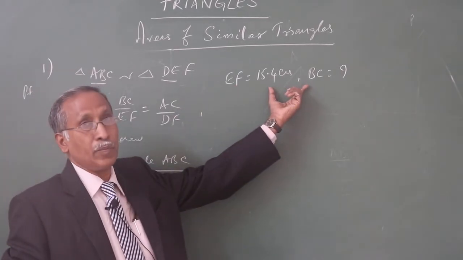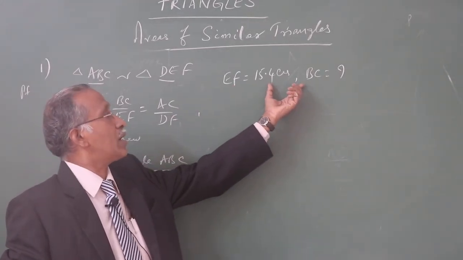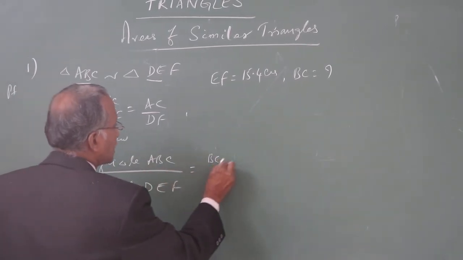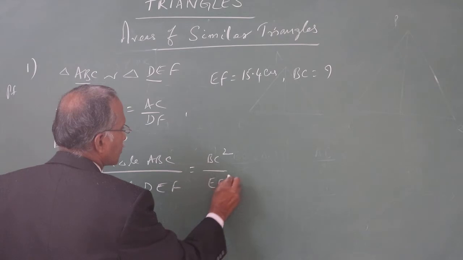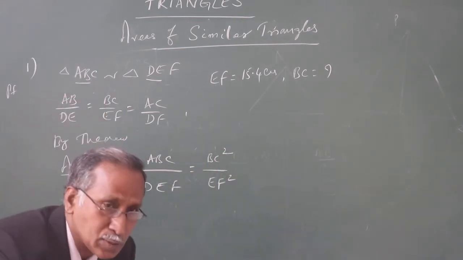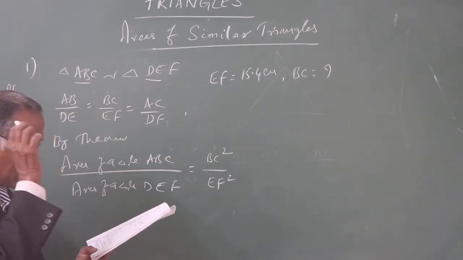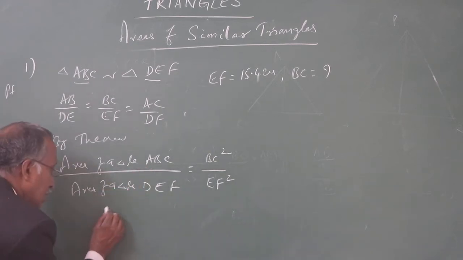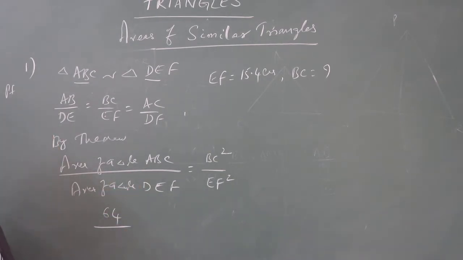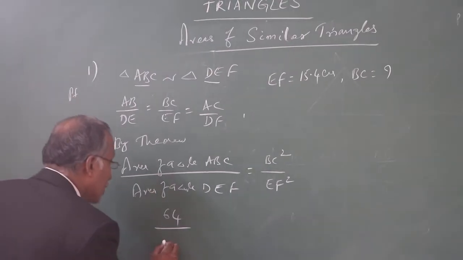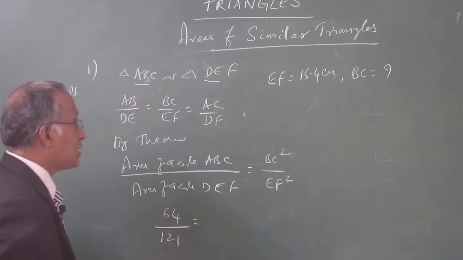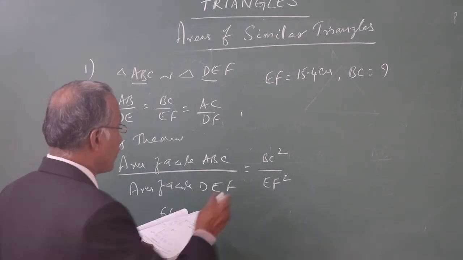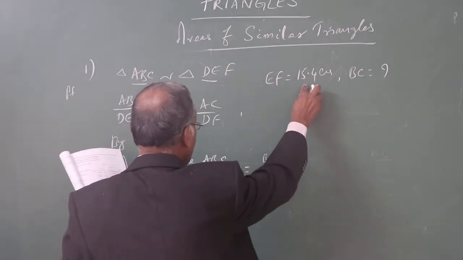Therefore, BC square by EF square. Let us substitute. Area of triangle ABC is 64 square centimeters, area of triangle DEF is 121 square centimeters, and EF is 15.4 centimeters.